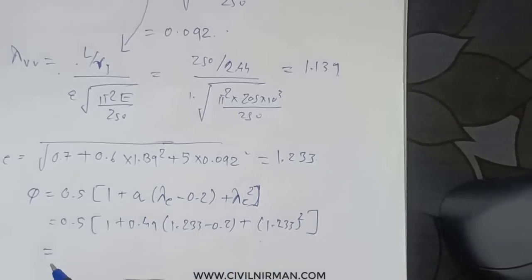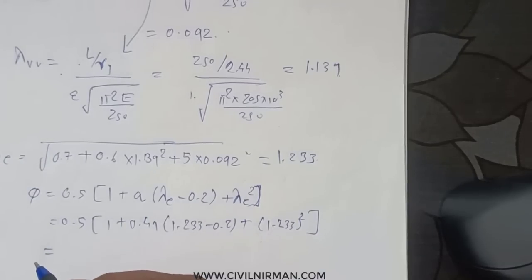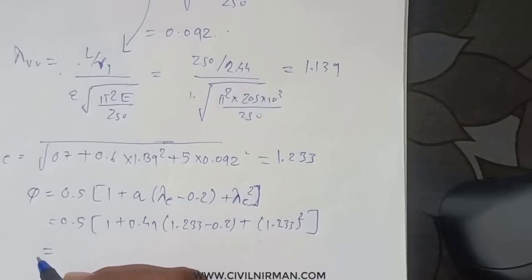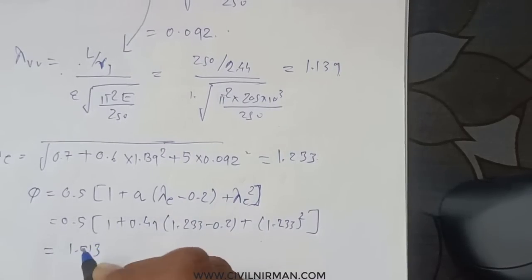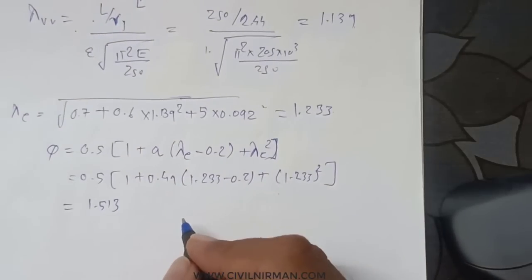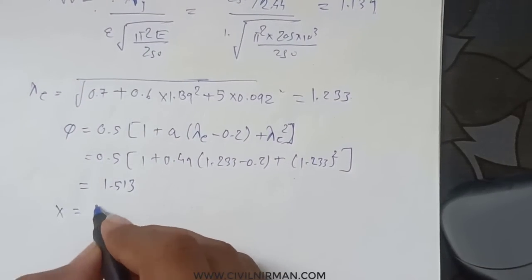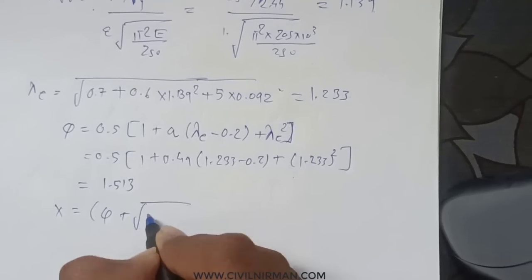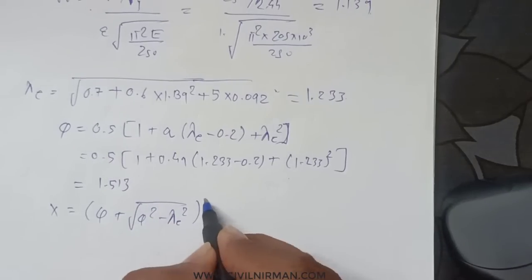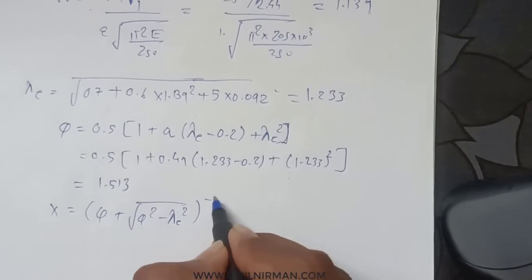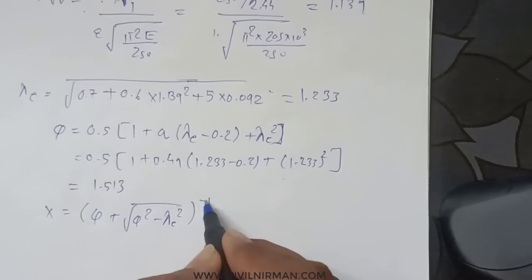So if I work out this, I'm getting the value as 1.513. And from here we will work out the xi value, 1 / (phi + √(phi² − lambda E²)). I'm writing it in the inverse proportion, that's why I have put −1. Don't get confused with that. It's actually 1 divided by this value.